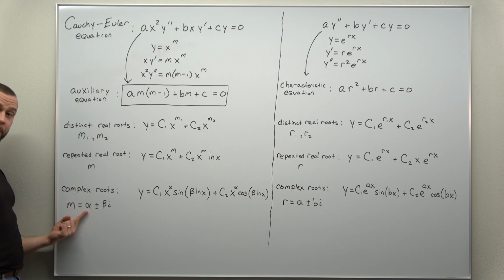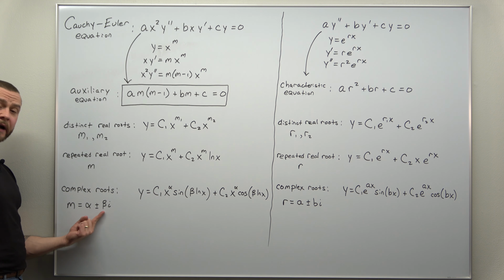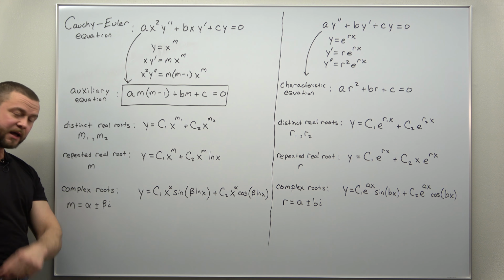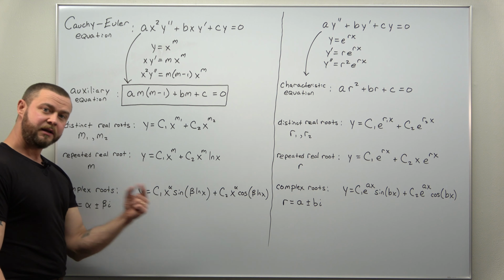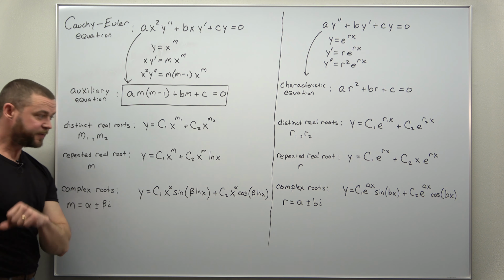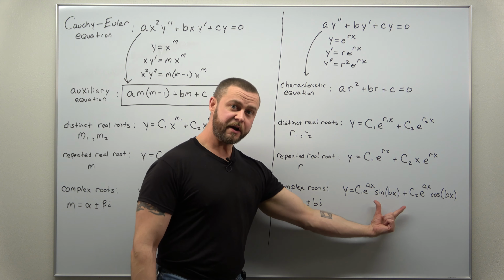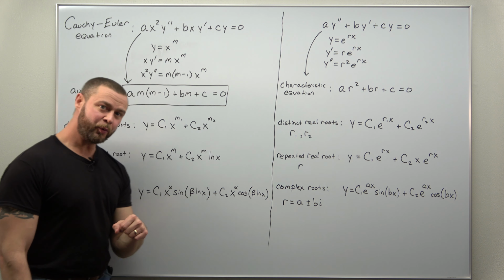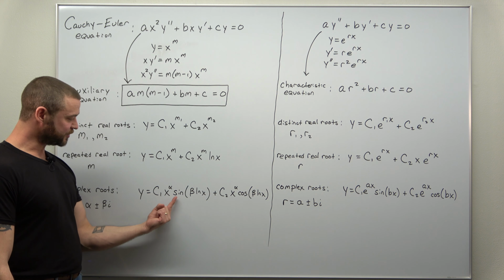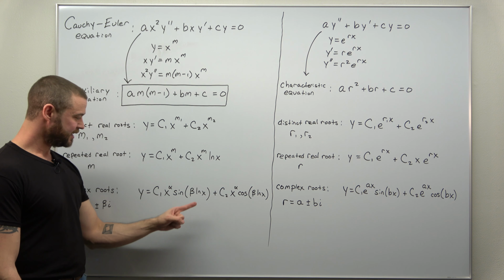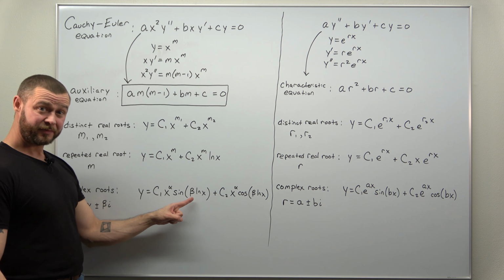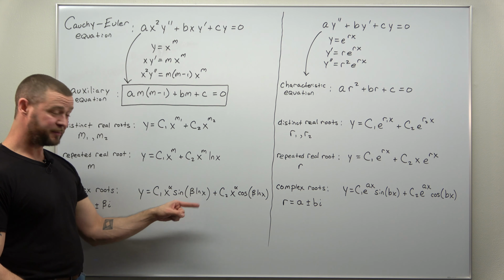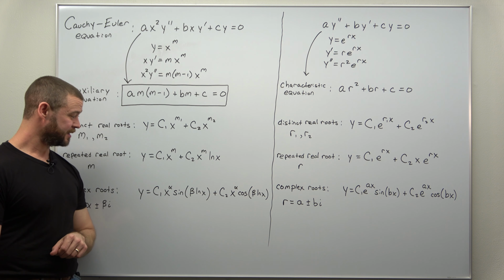So we have a real part alpha, imaginary part beta, and we just plug those into this solution. It's very similar, but a lot more peculiar, because inside of your sine and cosine terms you have beta, the imaginary part, times natural log of x.